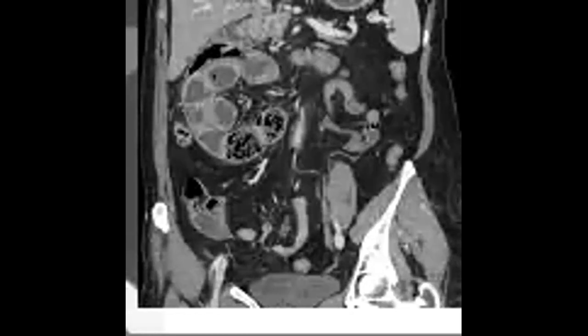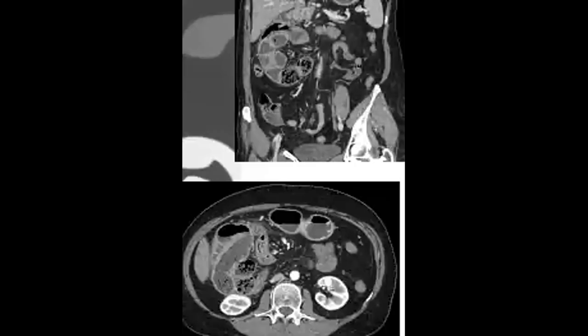So, clusters of dilated bowel loops, and the most important thing is to check the mesentery, the mesenteric artery. As I mentioned to you last time, first check for ischemia. Then, if you find that the mesenteric vessels are enhancing and patent, you have to check the location.